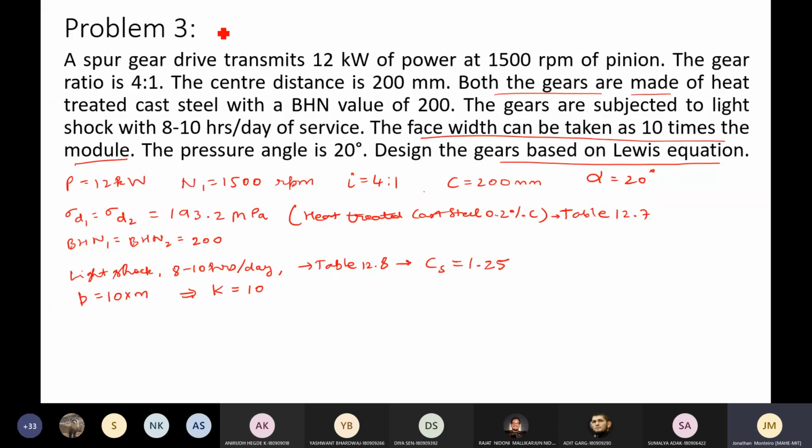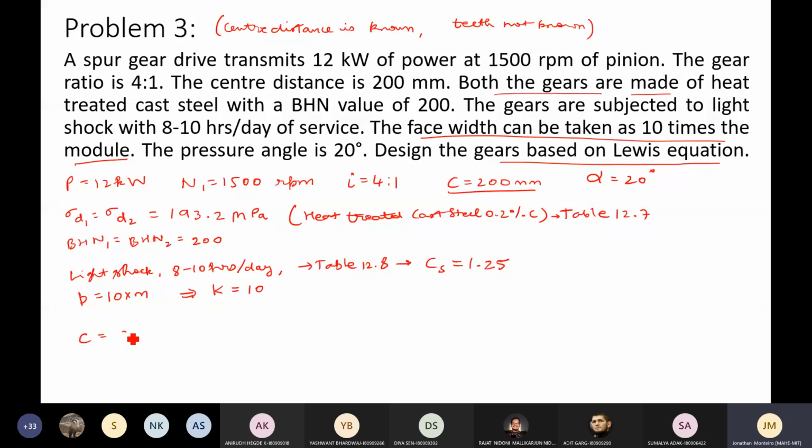This is a peculiar problem where center distance is known, but teeth are not known. You don't know how many number of teeth are there. When you say center distance is known, what exactly are we trying to tell here? C is 200.